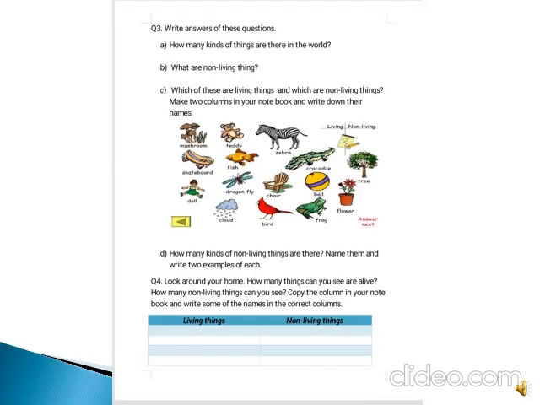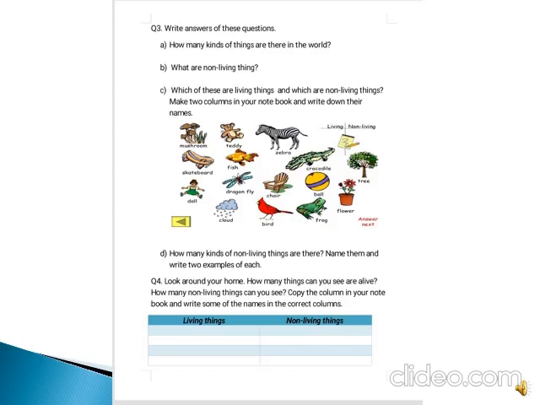Question number 3, you have to answer these questions and write the answers. Question A, how many kinds of things are there in the world? B, what are non-living things? Question C is, which of these are living things and which are non-living things?